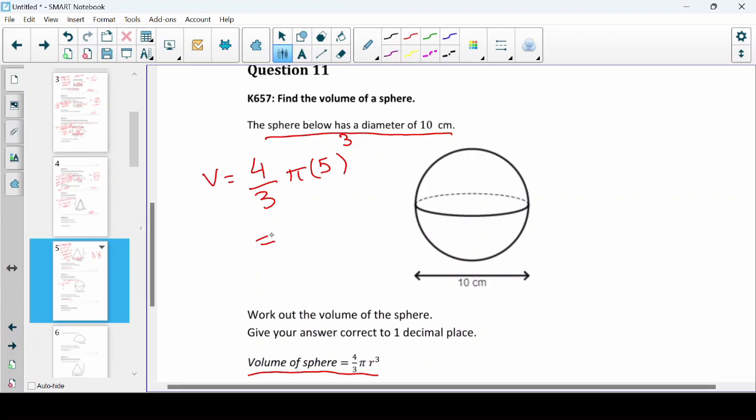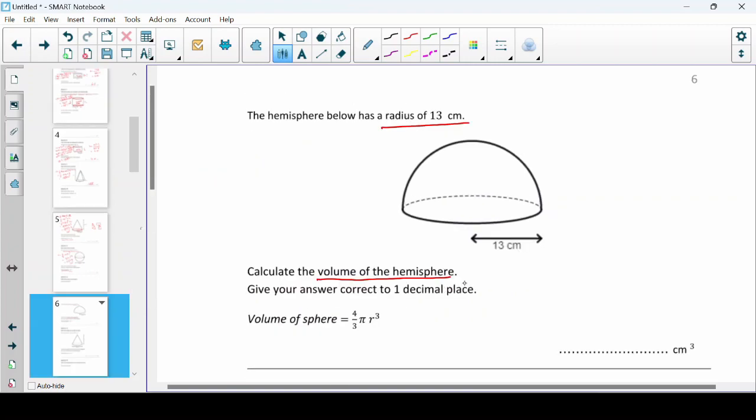And in the next question, it says there's a hemisphere below, radius of 13 centimeter, and calculate the volume of the hemisphere. So the volume of the hemisphere will be half of the sphere, because a hemisphere is half of a sphere. So its volume will be 4 over 3 pi and 13 square, and we divide this all by 2.